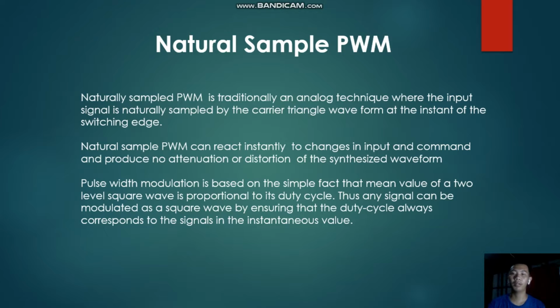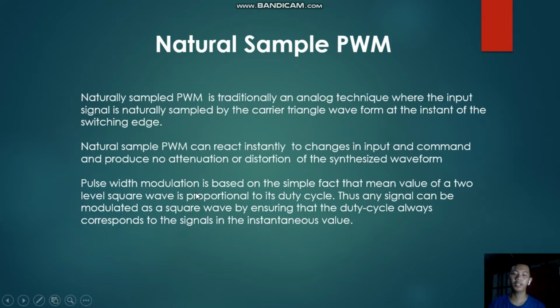Natural sample PWM. Naturally sampled PWM is traditionally an analog technique where the input signal is naturally sampled by the carrier triangle waveform at the instant of the switching edge. Natural sample PWM can react instantly to changes in input and command and produce no attenuation or distortion of the synthesized waveform.